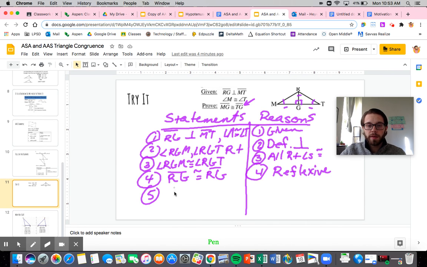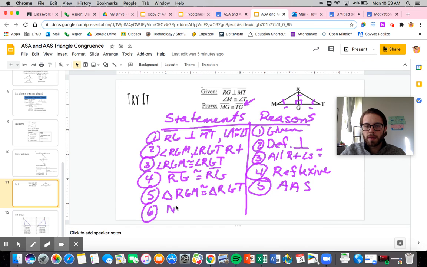All right, so let me just say that the triangle GM is congruent to triangle RGT, and we just went over that one. We just said that was from angle, side, right? Angle, side. And then finally, we can say MG is congruent to TG.